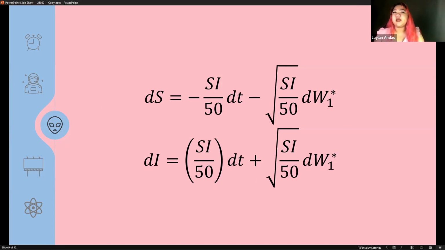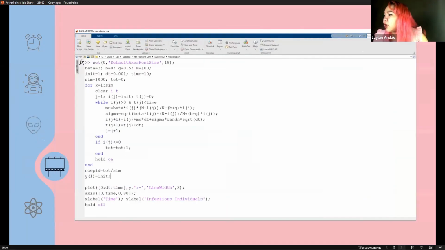Now, since meron na tayong explicit form ng model, we can plug it in sa MATLAB. So maka-simulate tayo kung anong mangyayari. Okay, beta is the contact rate, B is the recovery rate. Okay, here.